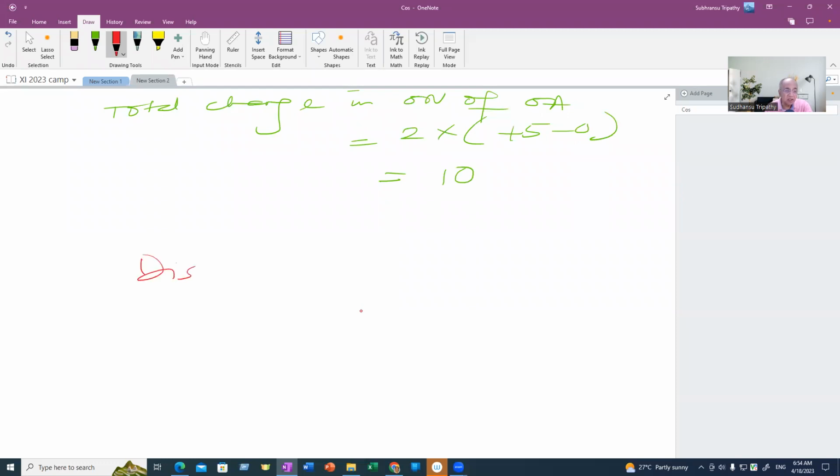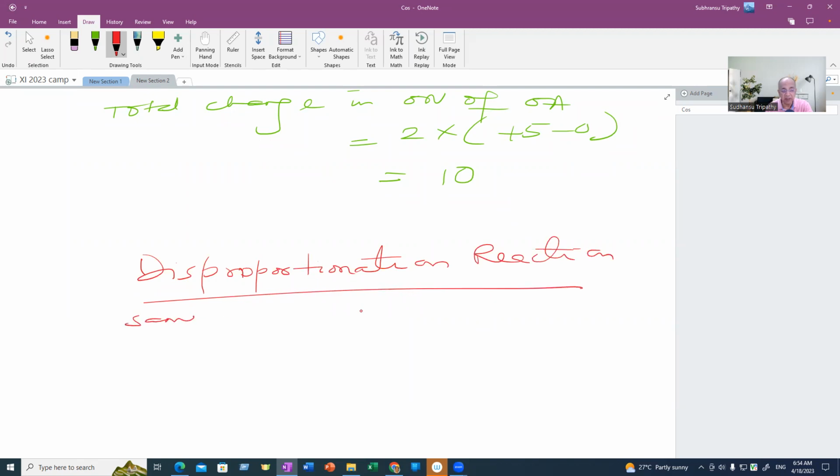Such kinds of reactions are called disproportionation. Disproportionation reaction: the same element gets oxidized as well as reduced.